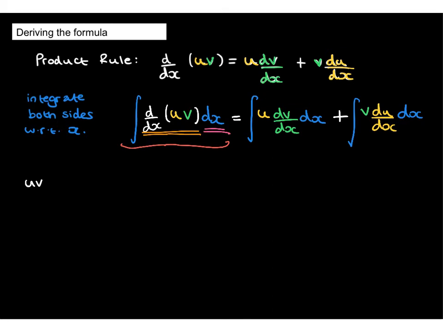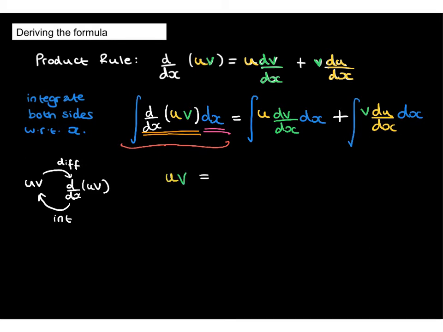So think about what's going on here. We have uv, which is being differentiated to get d by dx of uv, and we're then integrating it, which would take us back to uv. So on the left-hand side, we can actually evaluate this integral, and it basically takes us back to the result uv.